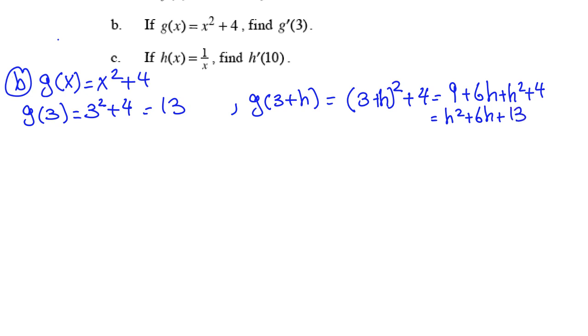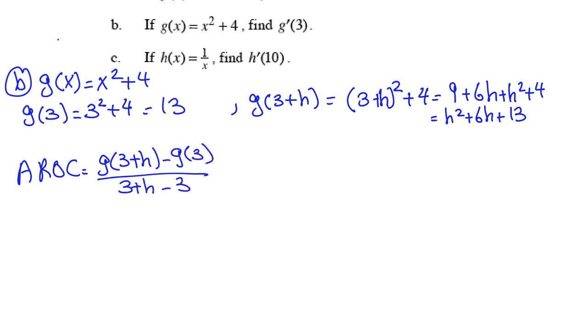Now I have all of the information needed to do my AROC, so my AROC is equal to g of 3 plus h minus g of 3, all divided by 3 plus h minus the 3. And g of 3 plus h, we just found above, is h squared plus 6h plus the 13, minus g of 3, which is 13, all over h.